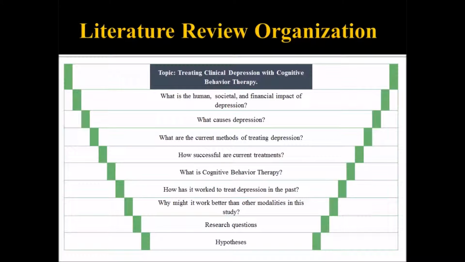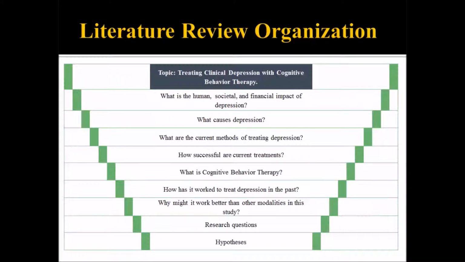Then you want to move down to how successful the current treatments are. How well are they working? Perhaps some work well for certain types of depression where others don't. Perhaps some of the successful treatments take a lot of time or are very expensive, and you're proposing a brief therapy. So there are a few different subject matters you could address at that level.